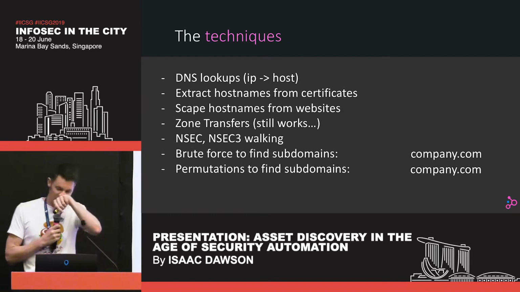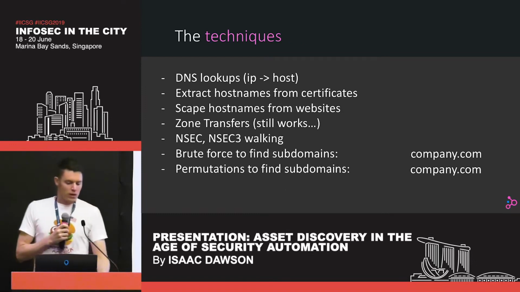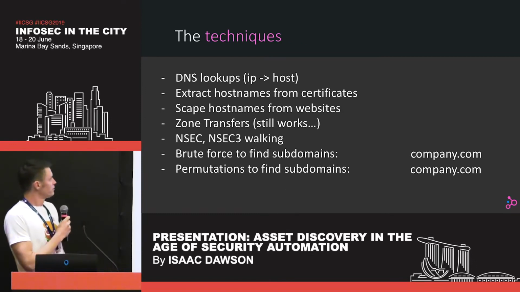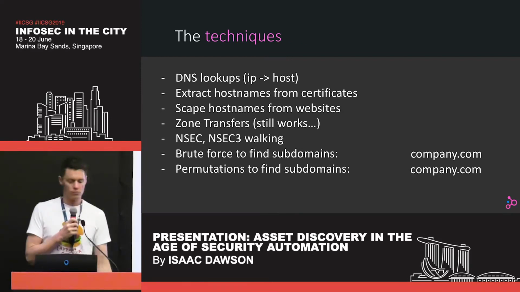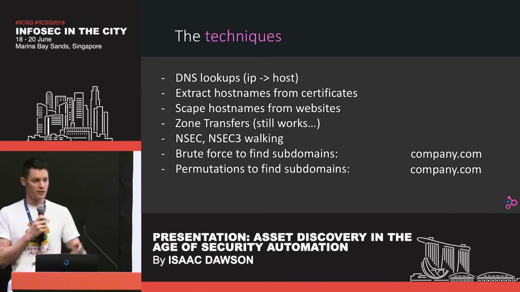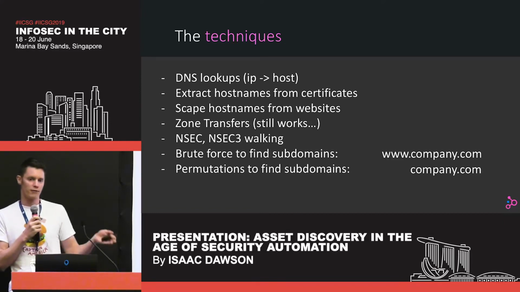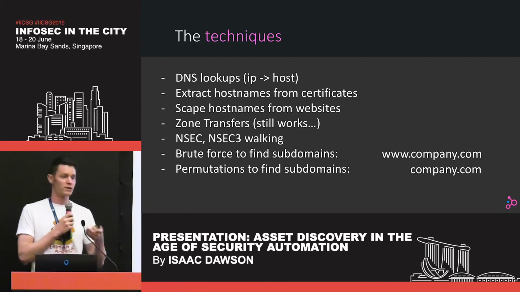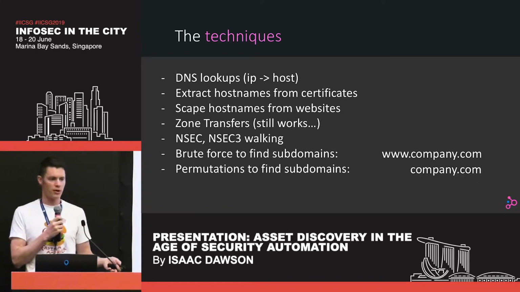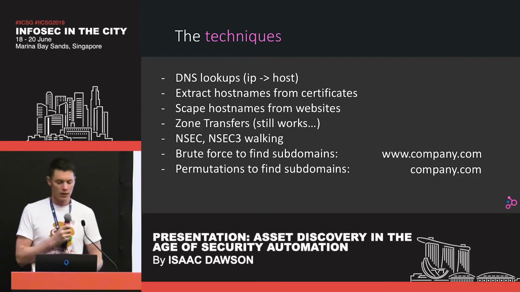So let's talk about some techniques. This is a very high-level look at some of the techniques you're going to want to use to extract information. Once you have the list provided from the internal side, let's take a look at it from the outside now. Techniques such as doing DNS lookups: if you have a list of IP ranges, just do reverse IP address lookups using a tool like dig.